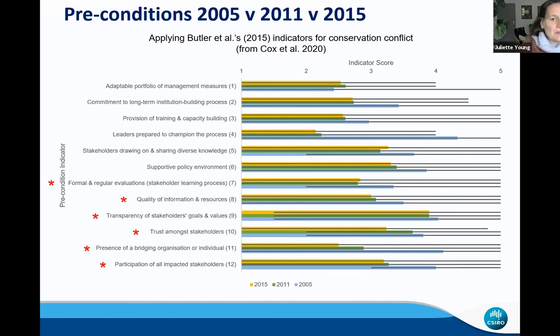So these 12 preconditions and other indicators were very much based on a very, very strong theoretical basis, and then came the adaptation to the local context. But as you say, keeping the essence, if you like, of those indicators that were based on theory very much as they were.